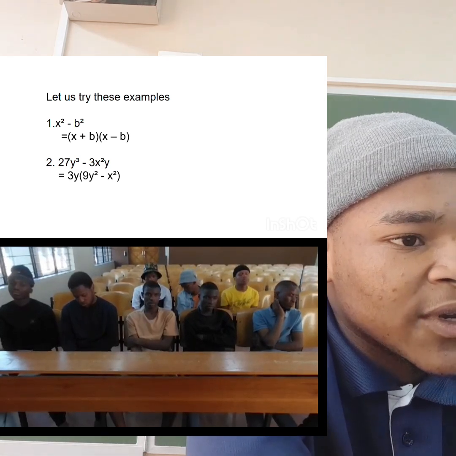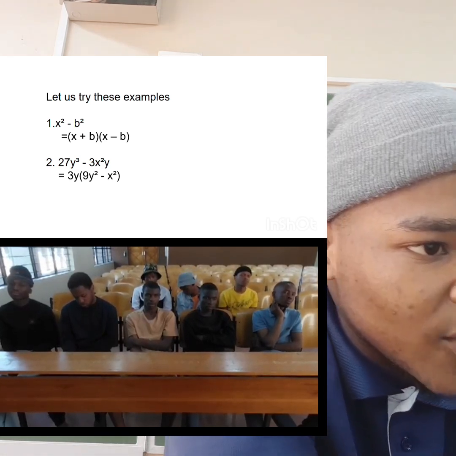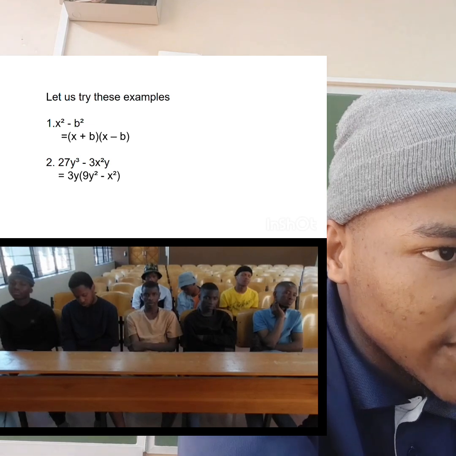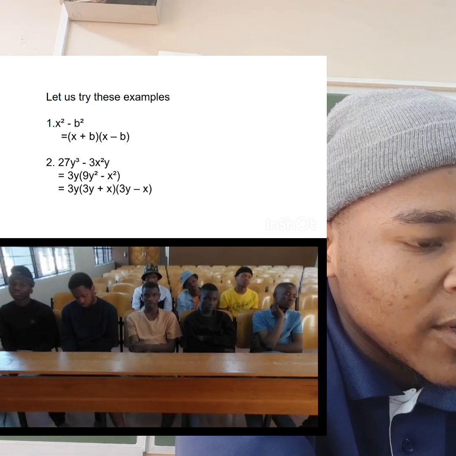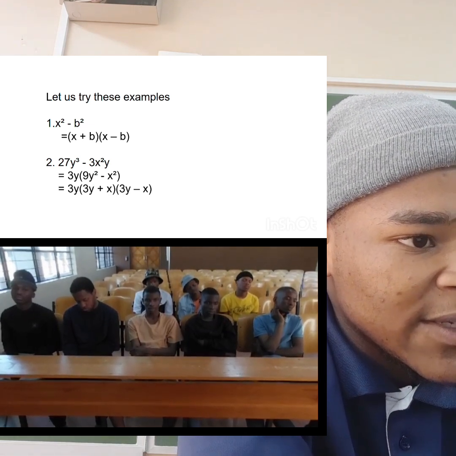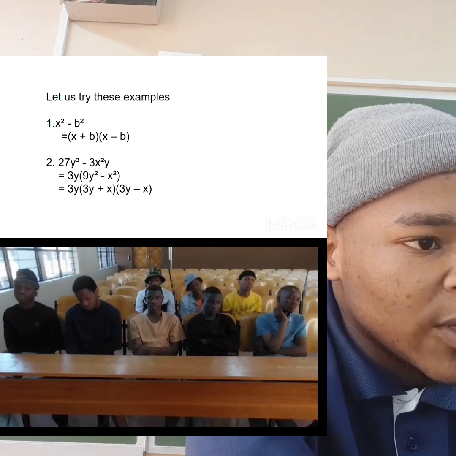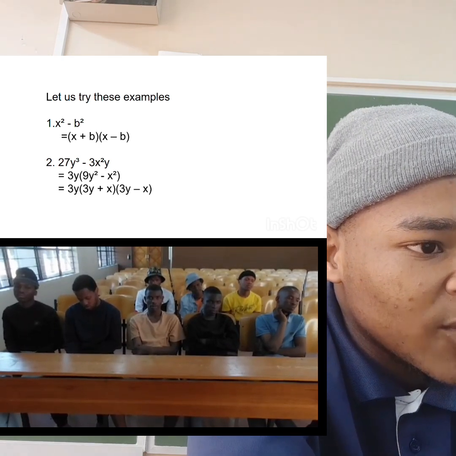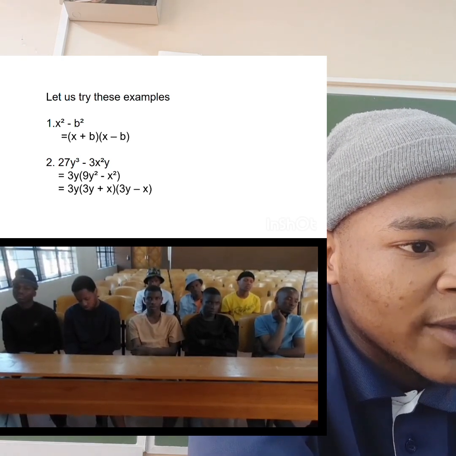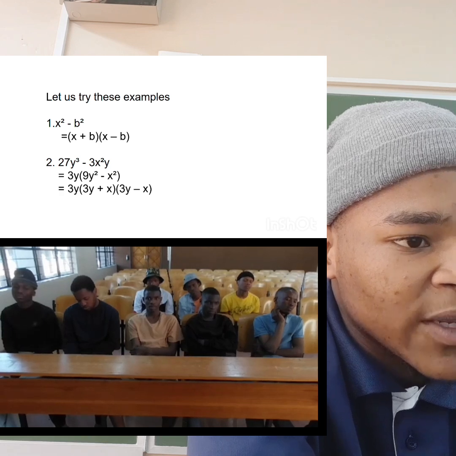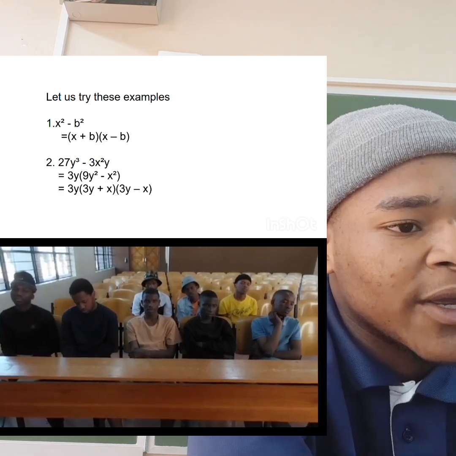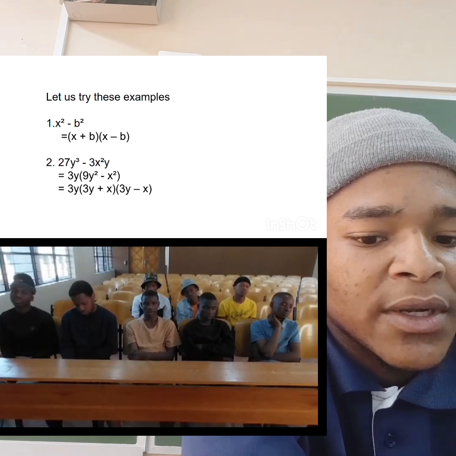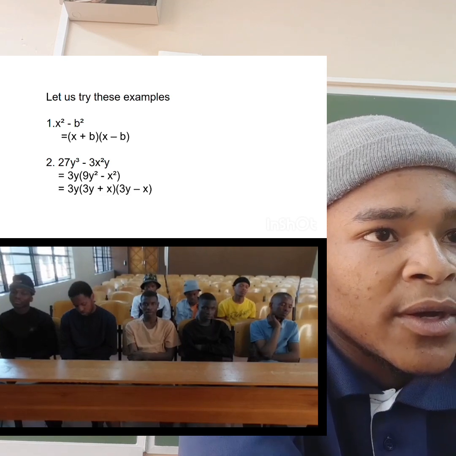And then we factorize it further, as we have a difference of squares inside our bracket. So it's gonna be 3y open bracket 3y plus x close bracket open bracket 3y minus x close bracket, and that's it.